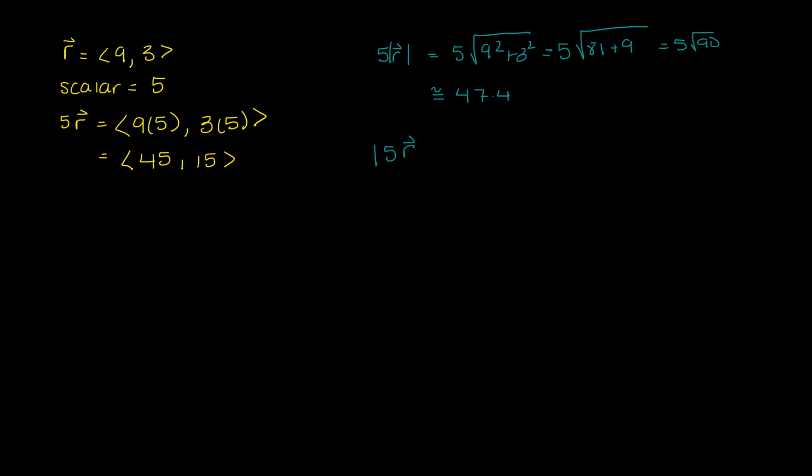Now I'll do this in a different color, orange. The magnitude of 5 times the vector r is the square root of 45 squared plus 15 squared. I put this directly into my calculator, and I actually get the same thing, 47.4.